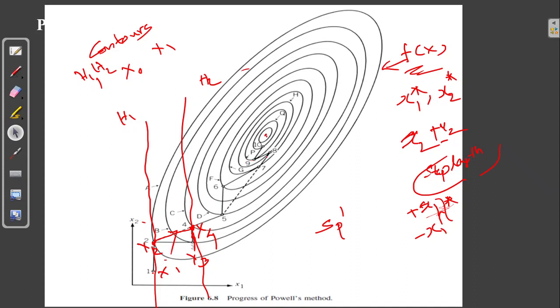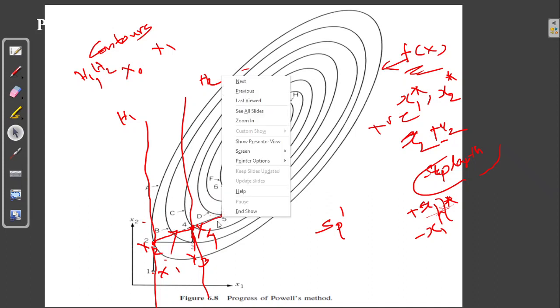But how far you have to go, and whether it is in the positive direction or negative direction, you have to decide. Okay, so it is found that it is in the positive direction you have to go. So from x4 we will search in this conjugate direction, and we have reached this point 5.